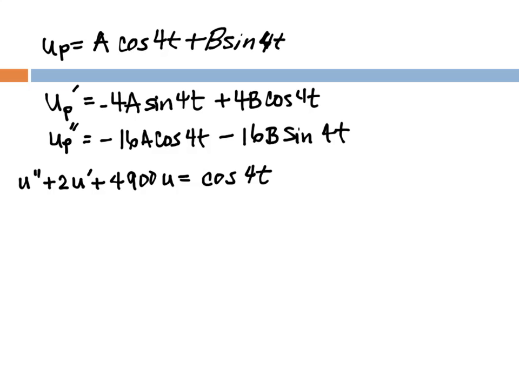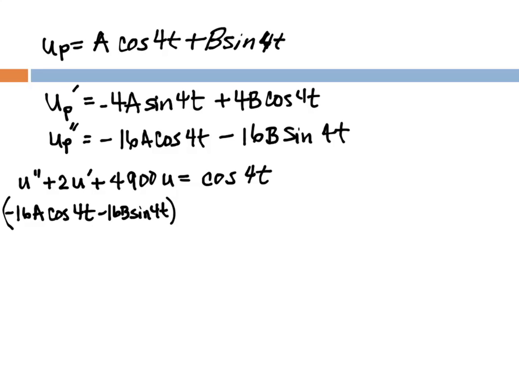So our second derivative, the last one we just took, was negative 16a cosine. What's that? No, because if it's a solution of the original one, it will be a solution of the original one times 10. So we wouldn't need to. Yeah, we wouldn't need to. Negative 16a cosine 4t minus 16b sine 4t, right?